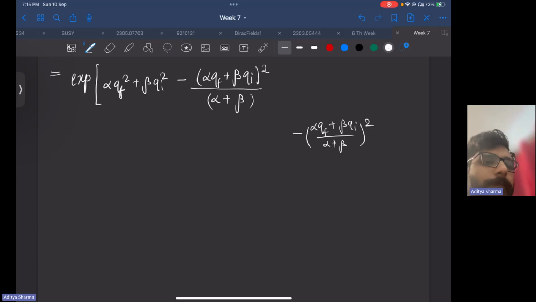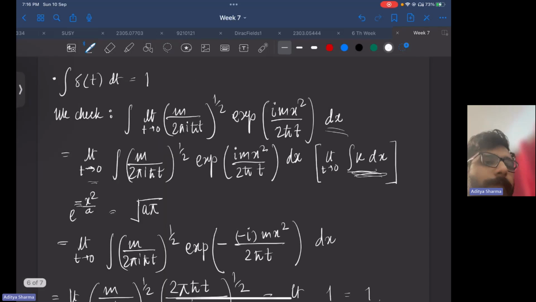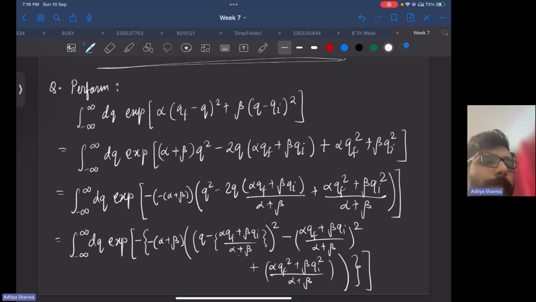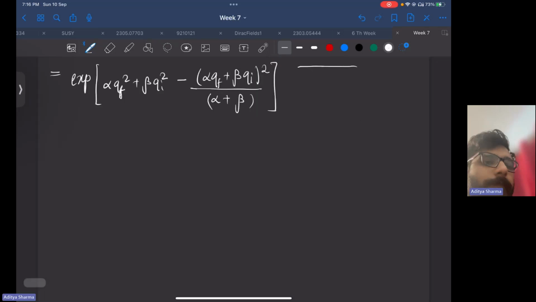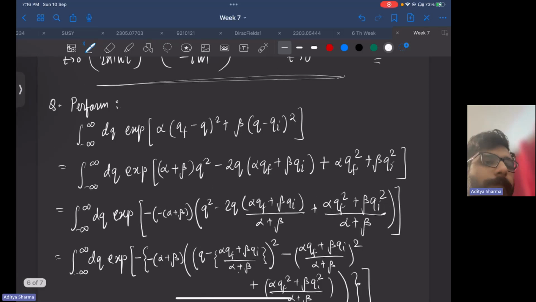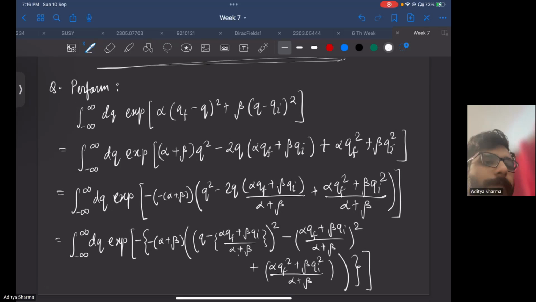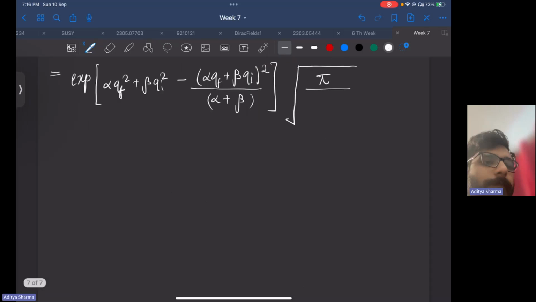This is part one. The other part will be this integral, which is square root of pi over a, and your a is this. This simplifies things.